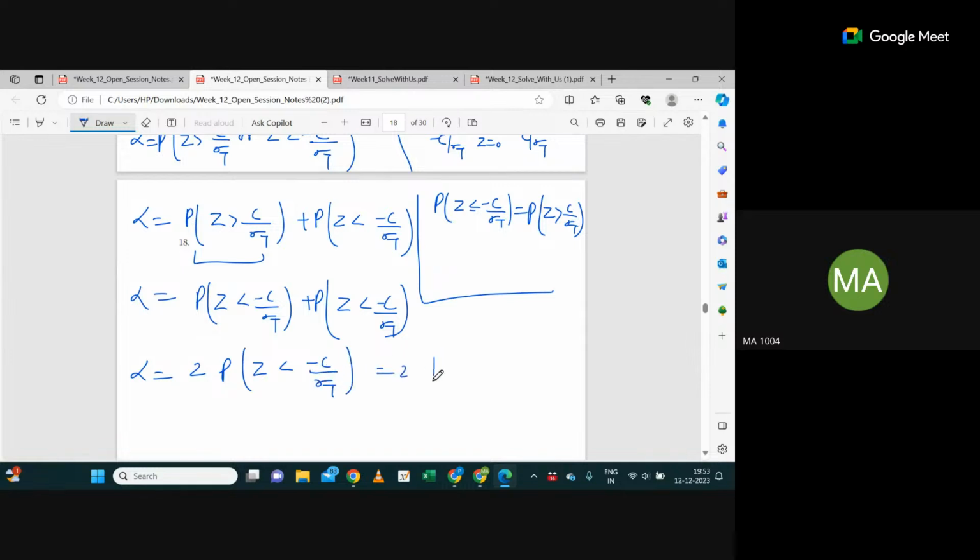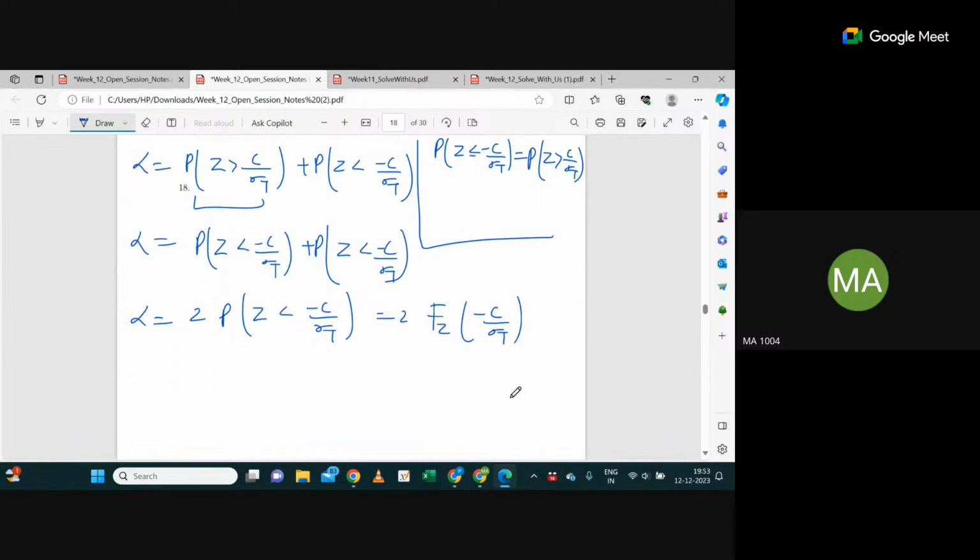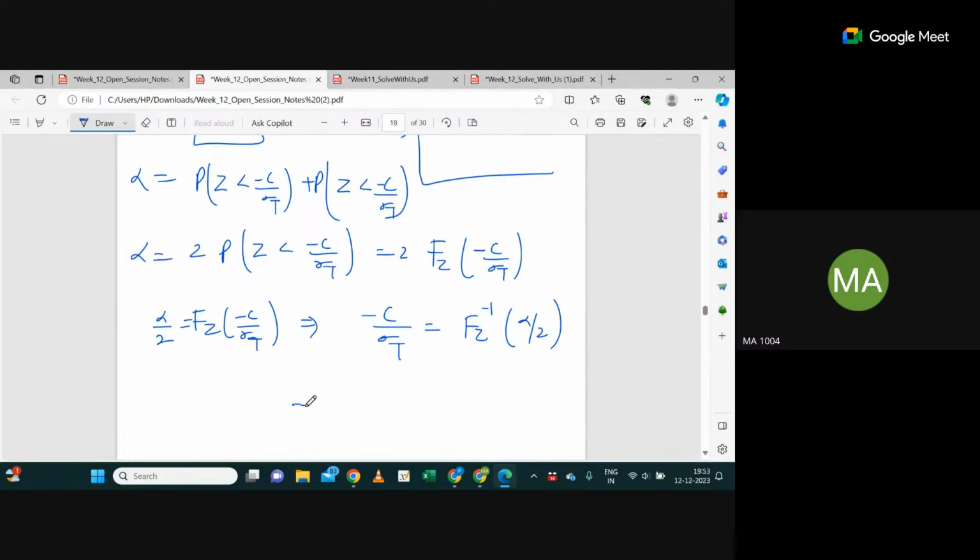So it will be 2 times Fz of minus c by sigma t. So alpha by 2 equals Fz of minus c by sigma t. From here minus c by sigma t equals Fz inverse of alpha by 2. So I will get the value of c as minus sigma t Fz inverse of alpha by 2.